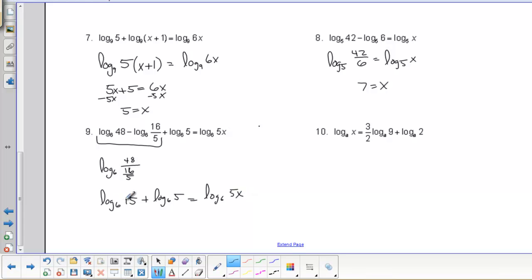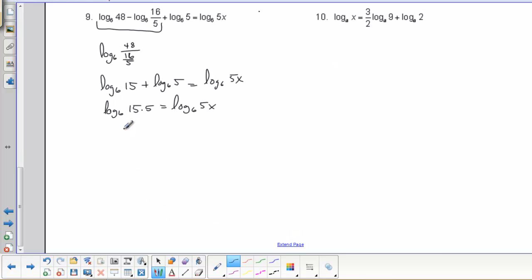Now I'm going to continue on by condensing one more time. So I get log base 6 of 15 times 5 equals log base 6 of 5x. The logs are the same, so I'm going to drop them off, and I get 15 times 5 equals 5x. Divide both sides by 5, cancel out your 5's, x equals 15 is your resulting answer.